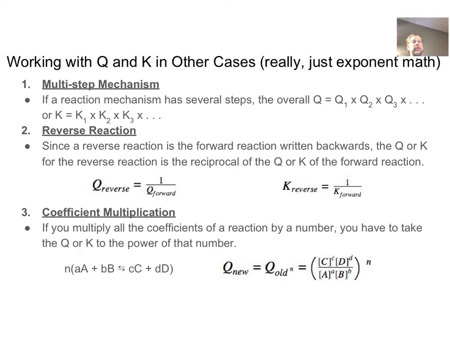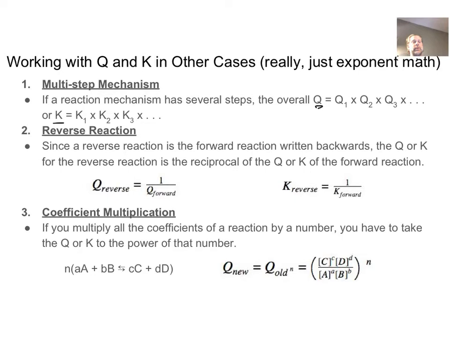If a reaction has multiple steps, the overall Q or the overall K will be equal to the product of the steps, so Q1 times Q2 times Q3, or K1 times K2 times K3. Those are things that can happen. We also need to remember that sometimes we will take a reaction that's given to us as a mechanism.